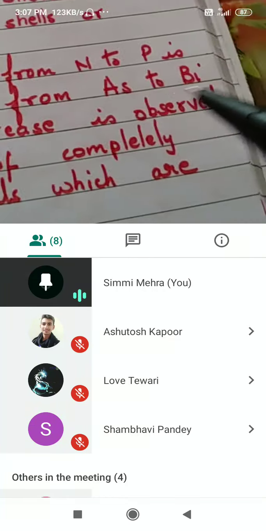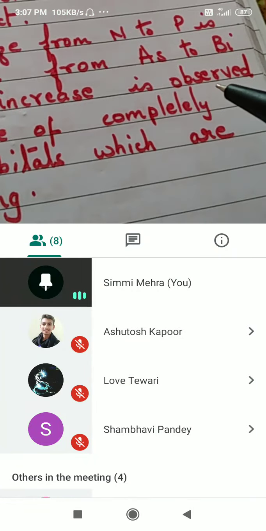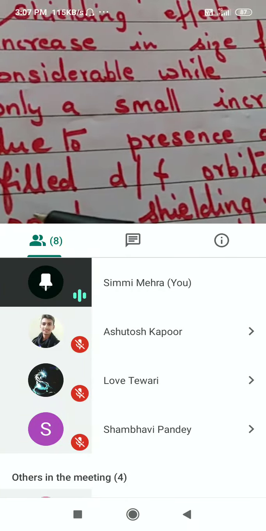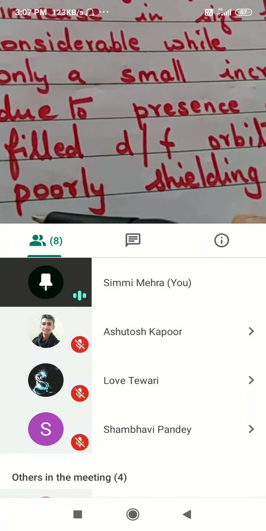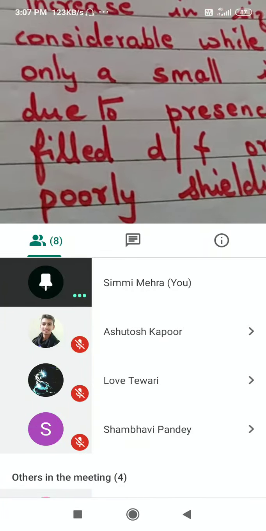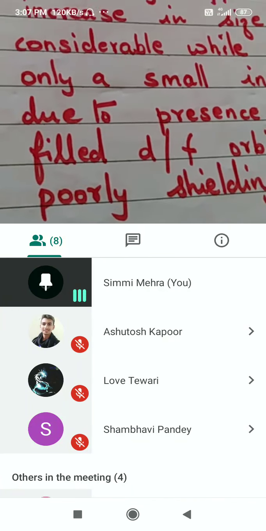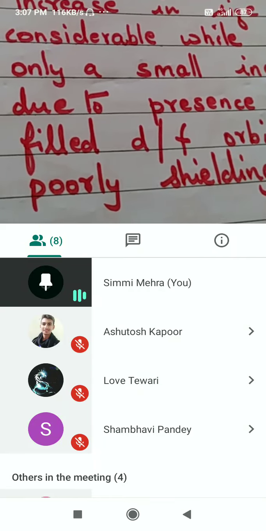While from arsenic to bismuth, only a small increase is observed due to presence of completely filled d and f orbitals which are poorly shielding. Now shielding effect is maximum for s orbital, then p orbital, then d and then f. So d and f have a poor shielding effect.